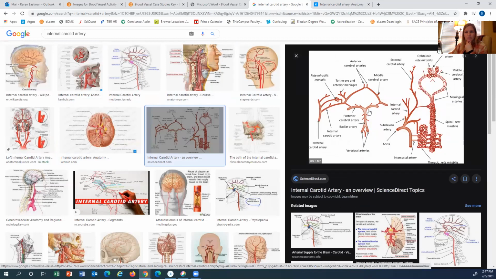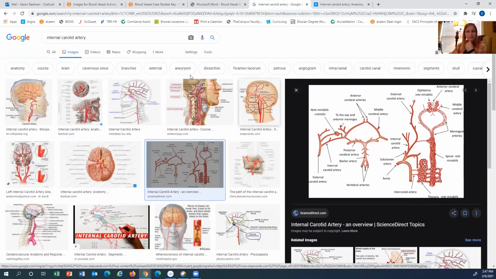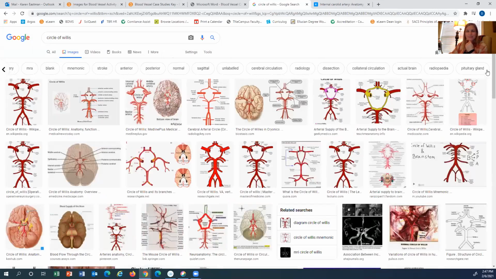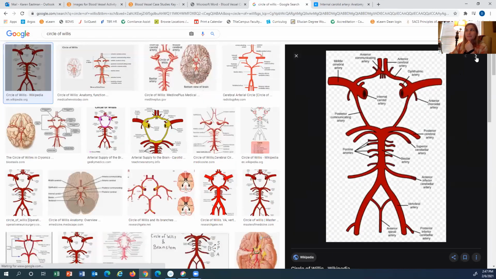And then coming into that circle are the internal carotids. There's also this one, this one, this one, this one. We're not even going to say all those names because it's just too much. But as you look at the Circle of Willis, you just get more familiar with it. Two vertebrals, basilar, two internal carotids, and then that's the circle.